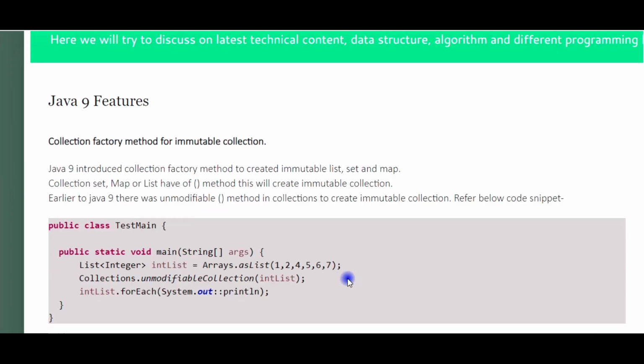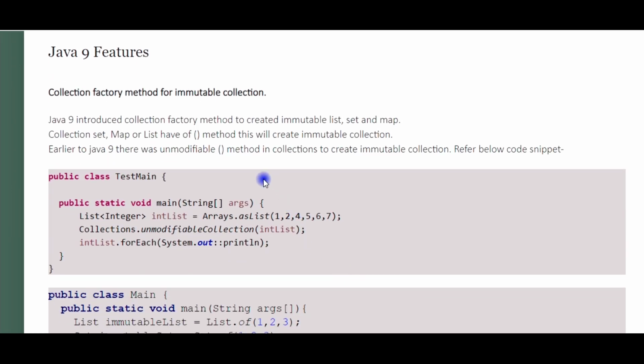In Java 9, earlier to Java 9, if we wanted to create immutable collections, we needed to use the unmodifiableCollection method of the Collections util class. But in Java 9, we have factory methods, and using those methods we can create the immutable collection directly.